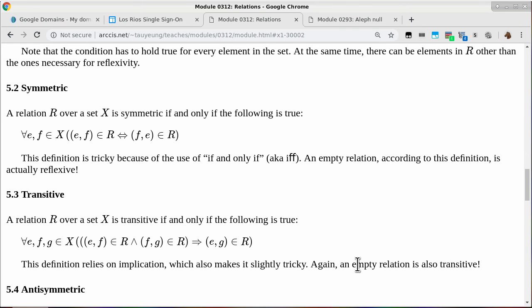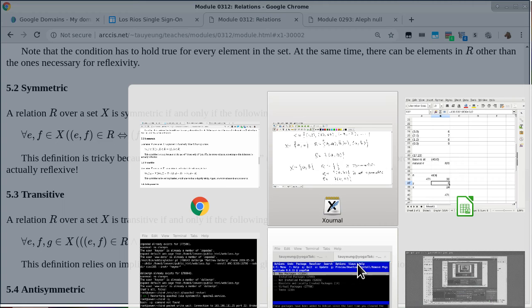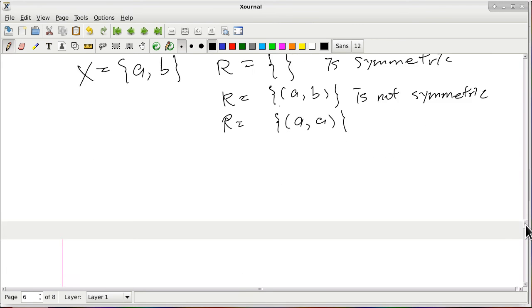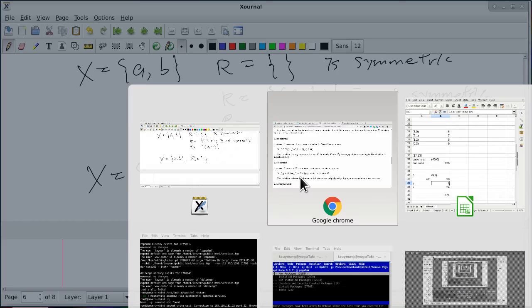So let's do some exercise. So obviously, first of all, if this is X, A, B, and this is R, is it transitive? Yes, it is transitive. Why is this transitive? R is empty. Well, let's go back to the definition.